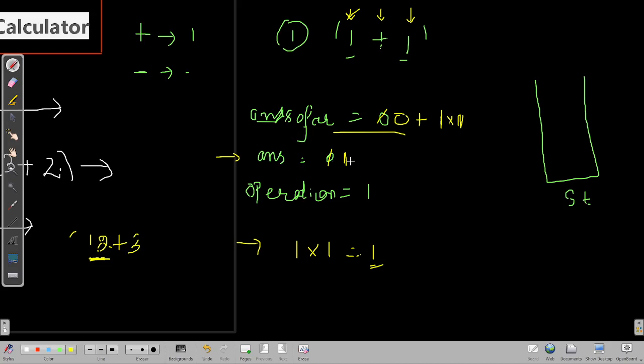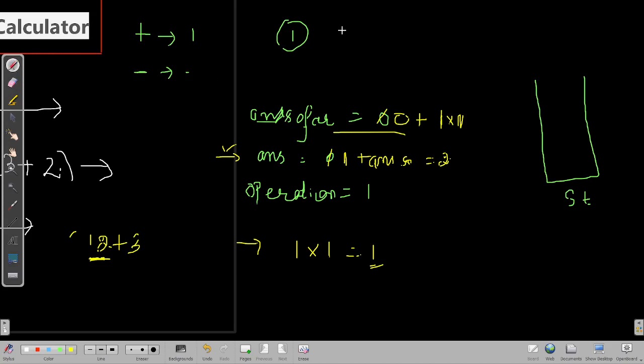So the answer is equal to the answer we have plus the answer so far. The answer so far is 1, so 1 plus 1 is 2, so the answer is 2. Now when we move ahead, the string is empty and we have to return this answer. Okay, that is clear.